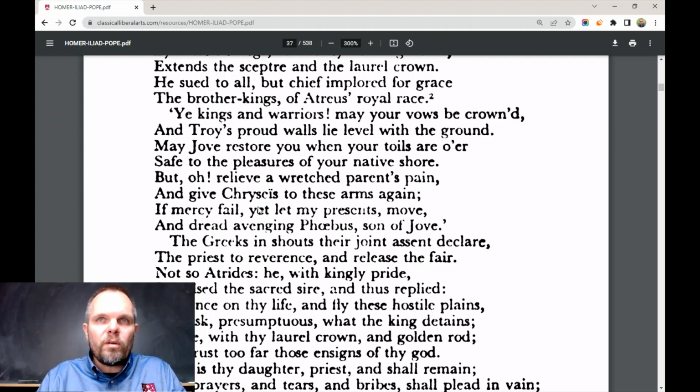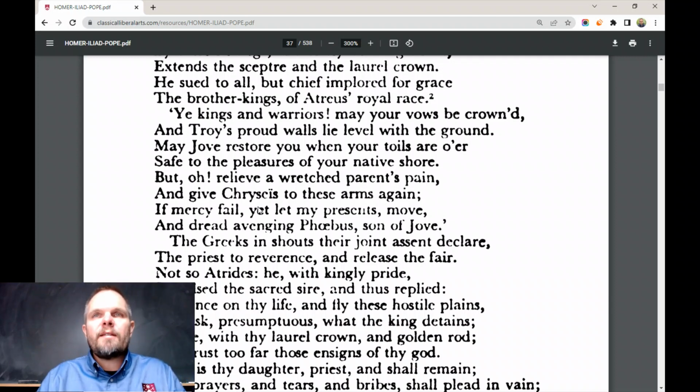But oh, relieve a wretched parent's pain, and give Chryseis, that's his daughter, to these arms again. If mercy fail, yet let my presence move, and dread avenging Phoebus, son of Jove.